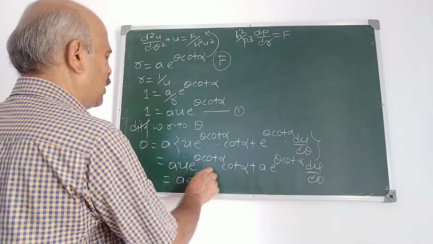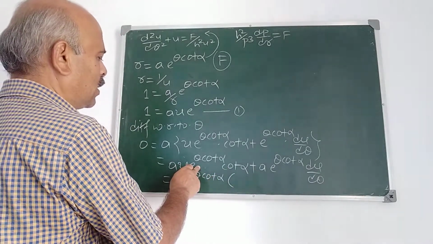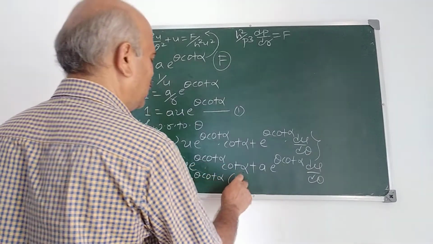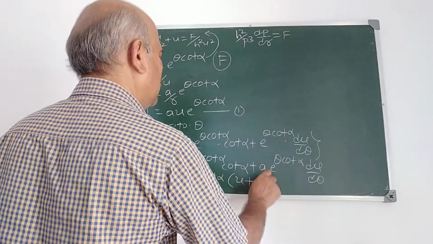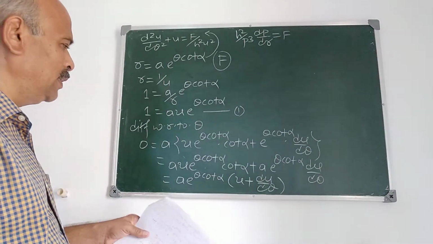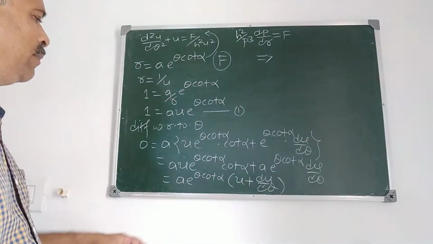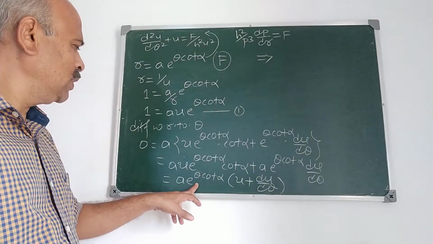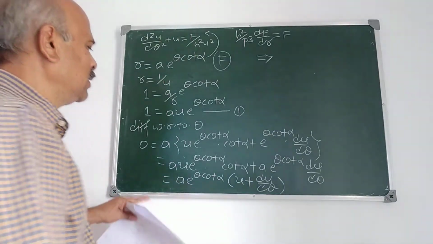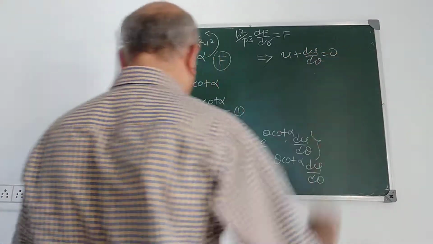A e raised to theta cot alpha into cot alpha into u plus du by d theta. This is the first step, du by d theta. See what is given here: a e raised to theta cot alpha into cot alpha u plus du by d theta is 0.